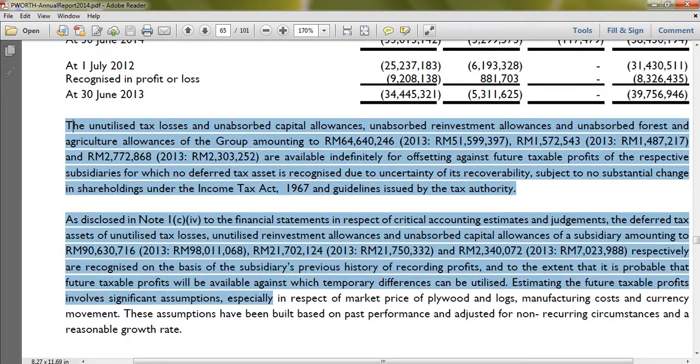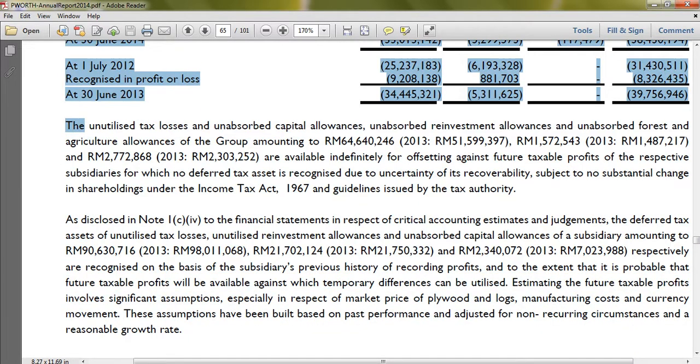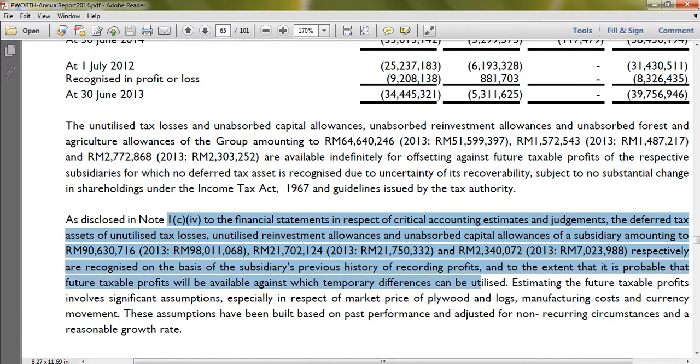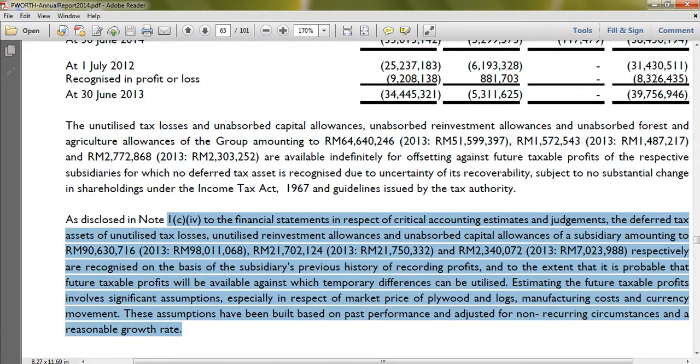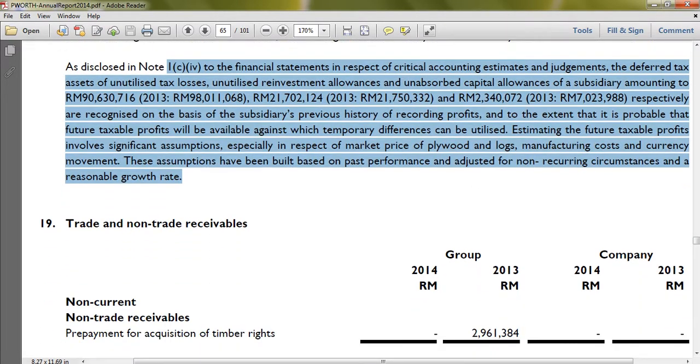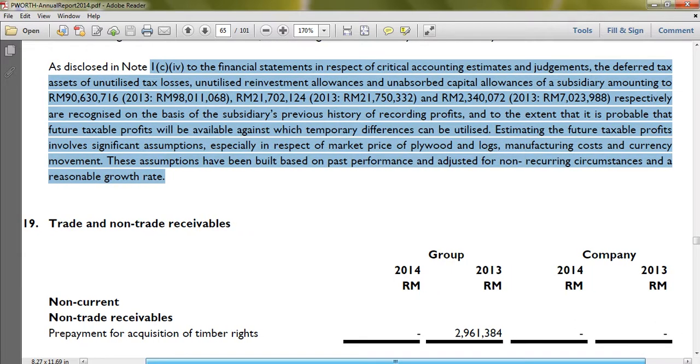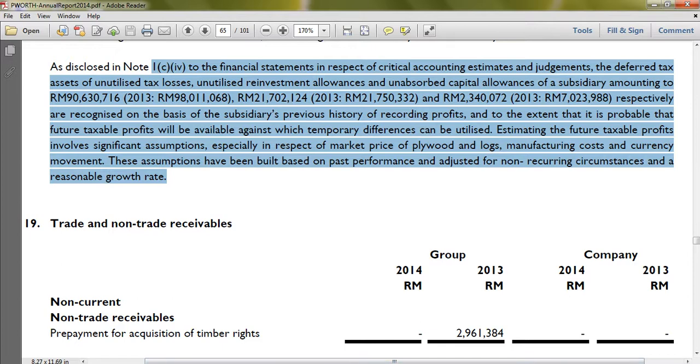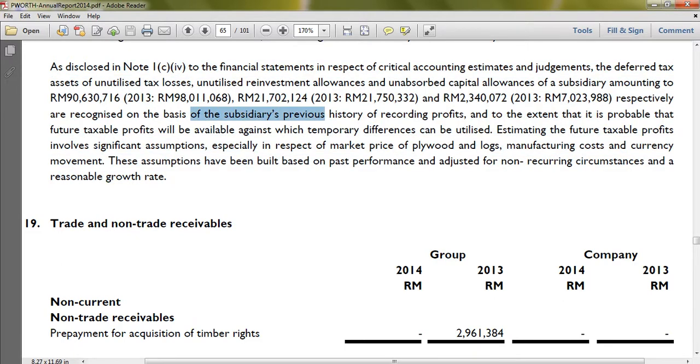There are explanations over here, so you can read yourself. Slightly to the right. Unutilized reinvestment allowance and unutilized allowance of subsidy amount, based on the basis of such rate.